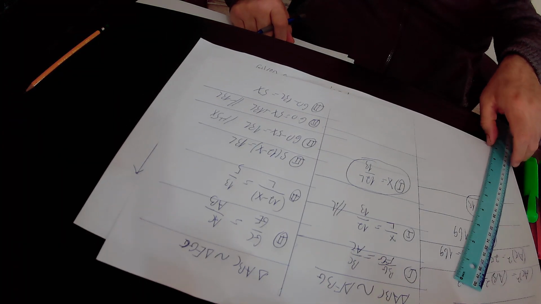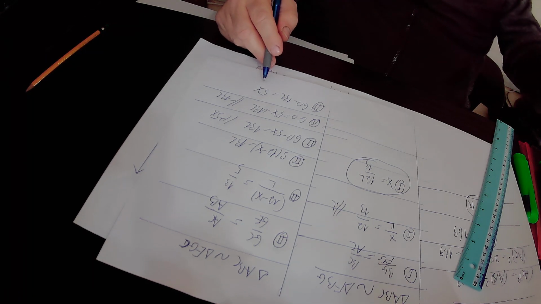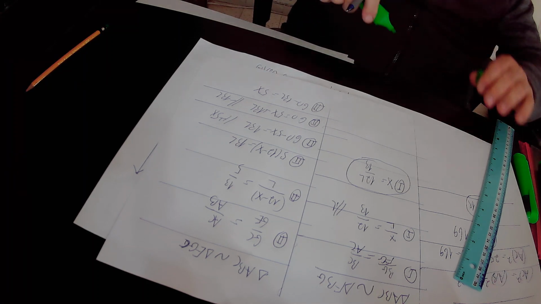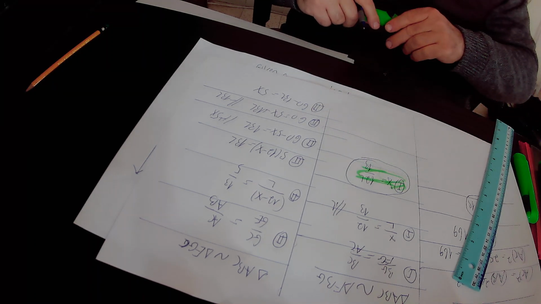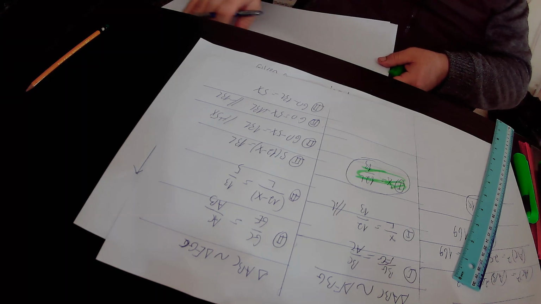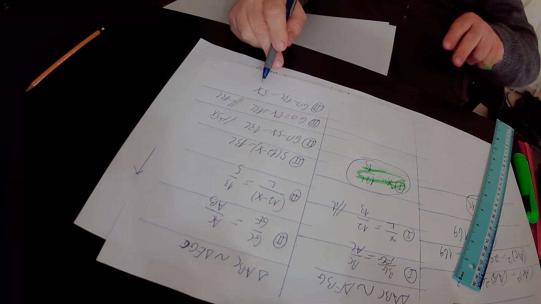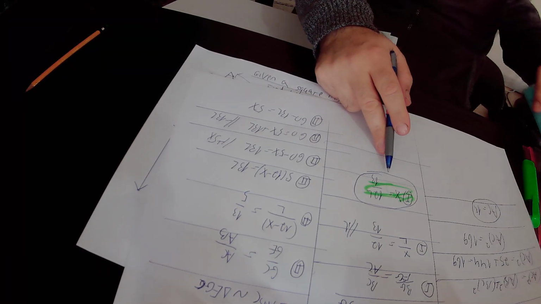So here we will substitute x in equation 2 by the value of x that we found in equation 1. Repeat again, we substitute x in equation 2 by the value of x that we found in equation 1.